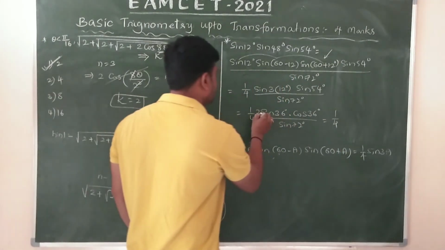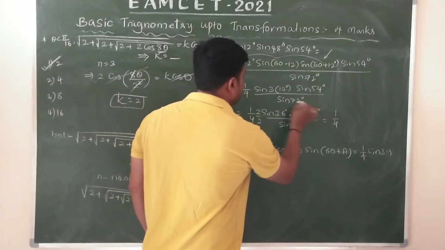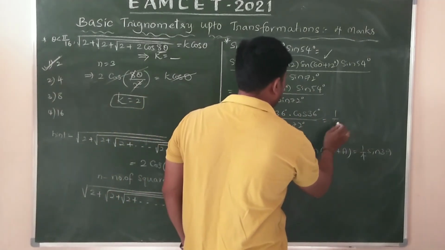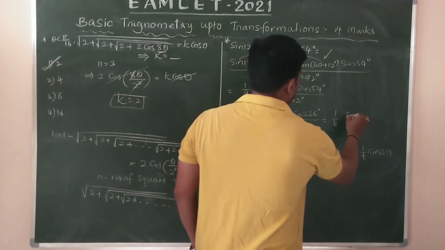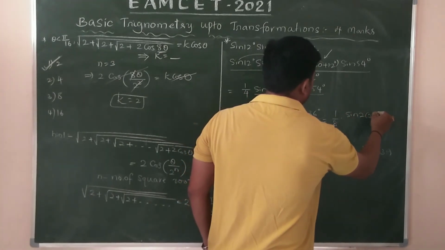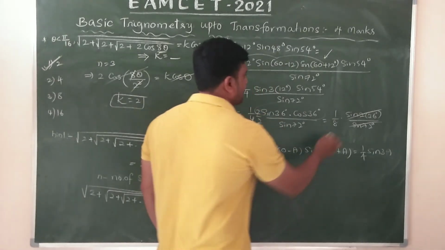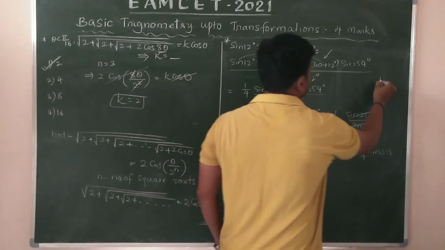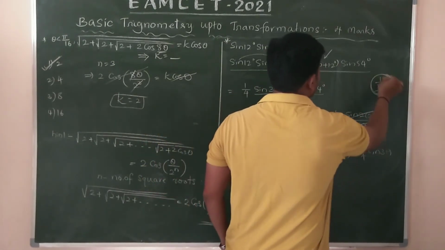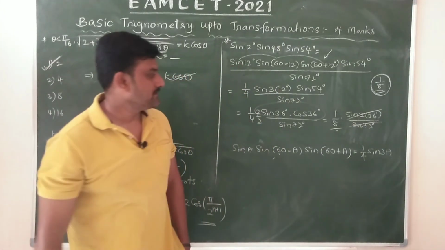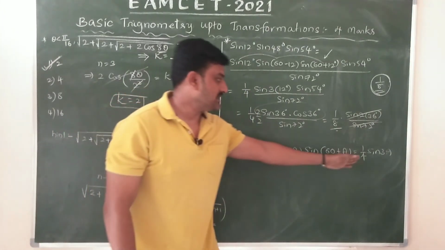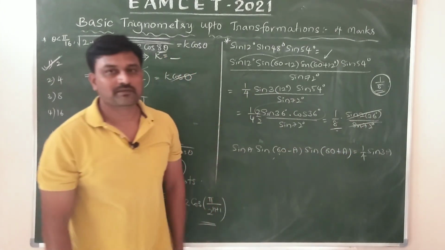Shall I take it like this: 2 by 2, 2 sin theta cos theta, equals to 1 by 8 sin 2 theta by sin 72. These are cancelled. Now the remaining 1 by 8 is the answer. Now this is the strategy for the given problem.